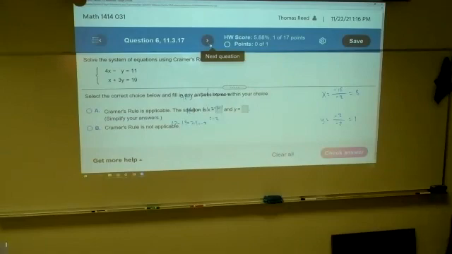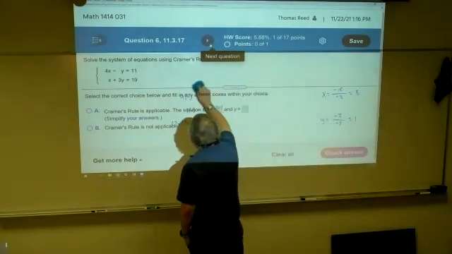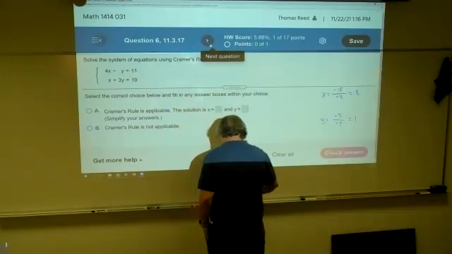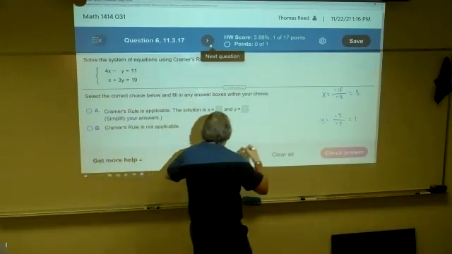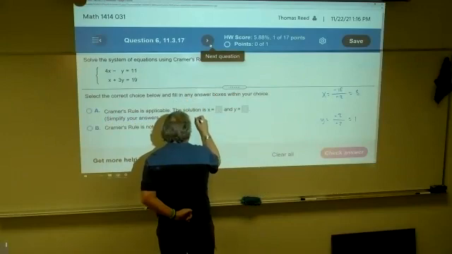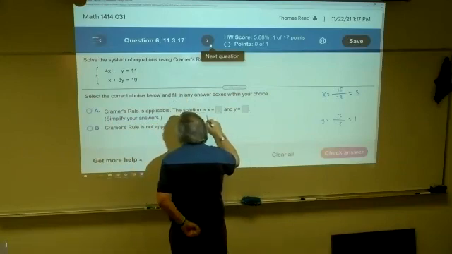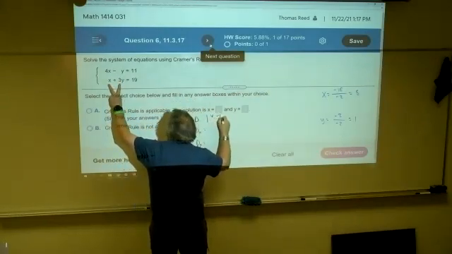So on the test, when you're asked to do this, this is the type of work I expect to see. I expect you to find D and D sub X and D sub Y. D is the matrix of the coefficients. So that's 4, negative 1, 1, and 3.